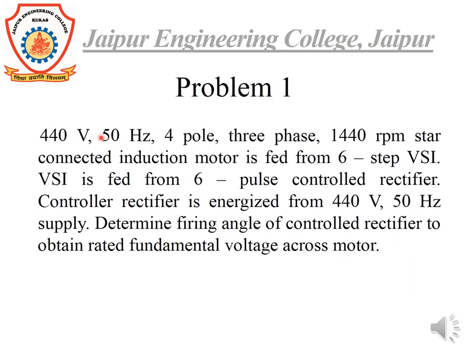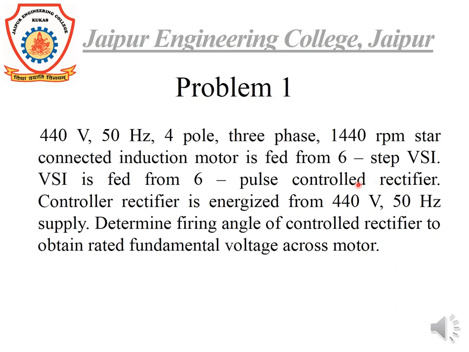What it says: a 440 volt 50 hertz 4 pole 3 phase 1440 rpm star connected induction motor is fed from a 6 step voltage source inverter. This voltage source inverter is fed from a 6 pulse controlled rectifier.